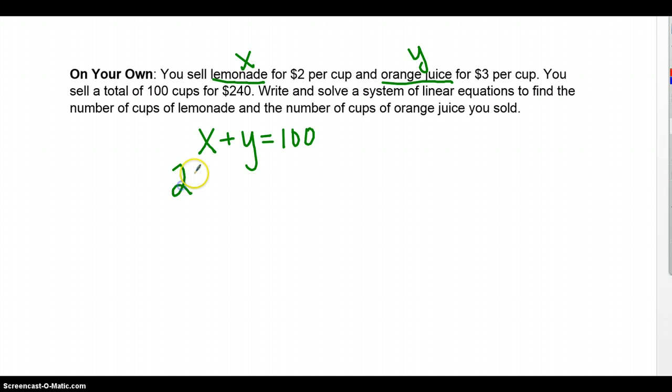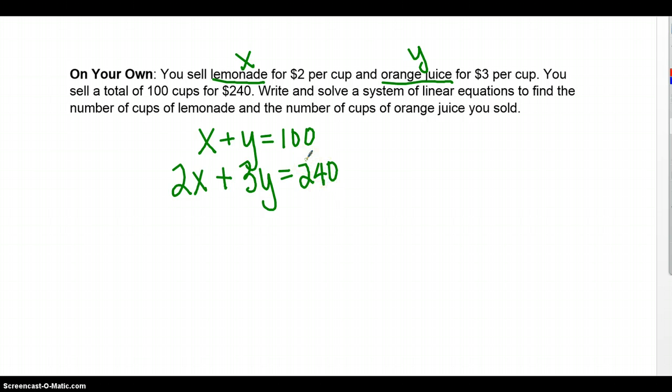Okay, it's $2 per cup of lemonade plus $3 per cup of orange juice is equal to a total of $240. Right? So one of your equations has to be equal to the amount that you sell, and the other has to be equal to the cost, and then how much money you make in this case.